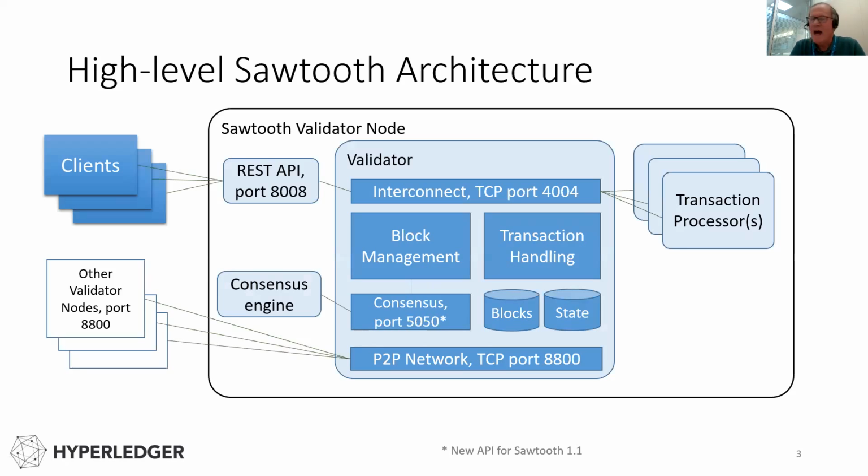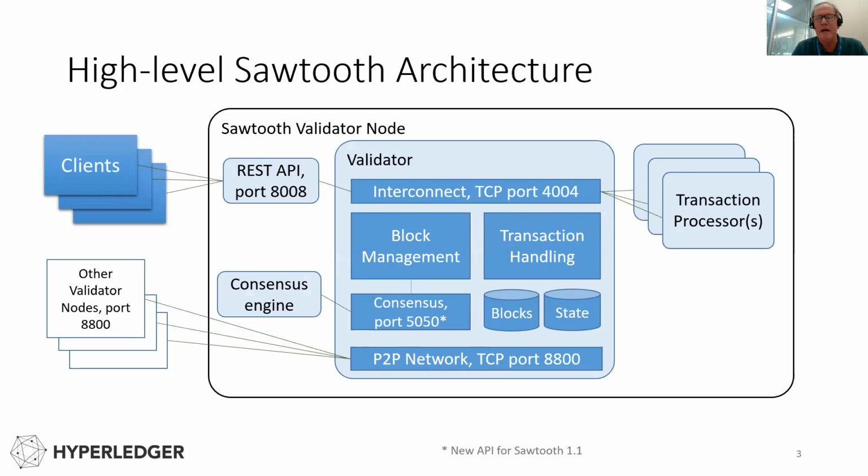So here's a high-level architecture, just so we understand the application development later. Basically, we have a Sawtooth node in the center there, which consists of several components. You could have one or more transaction processors of one or more transaction families.